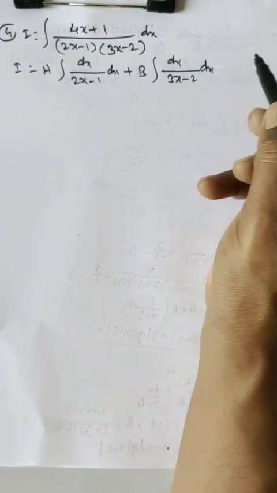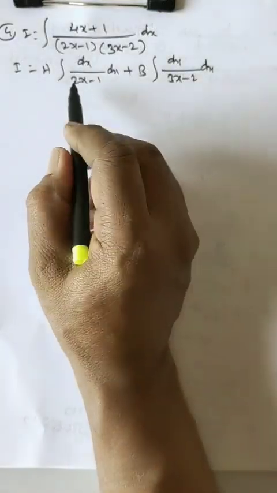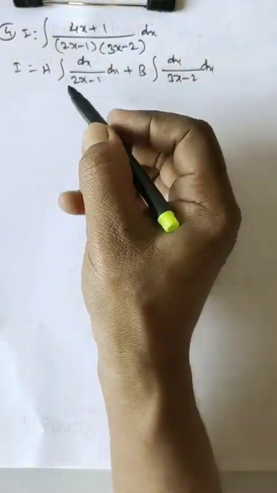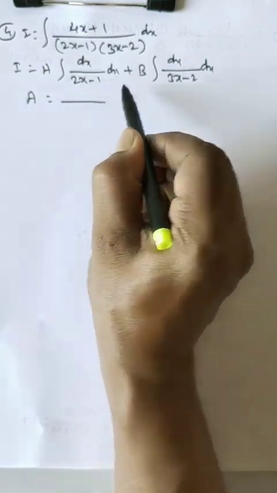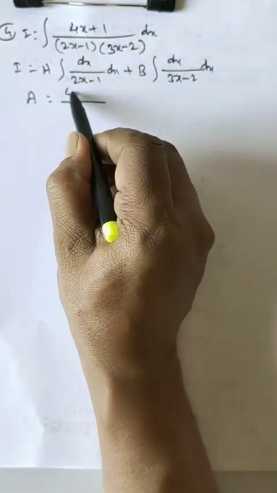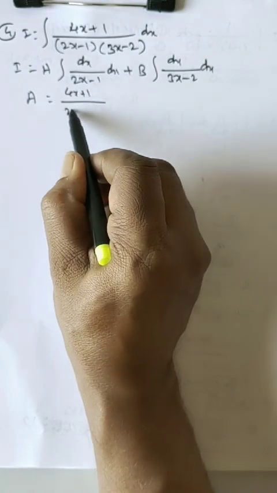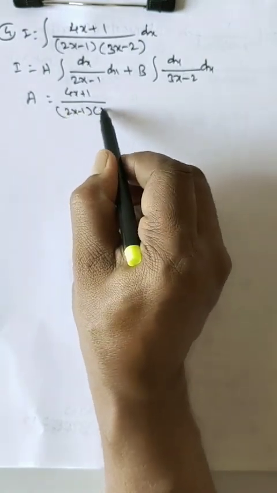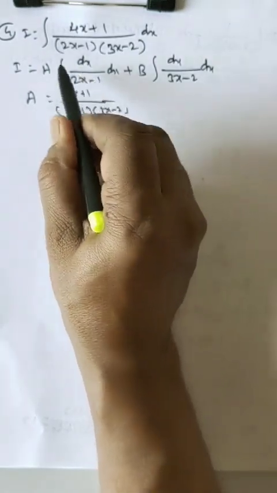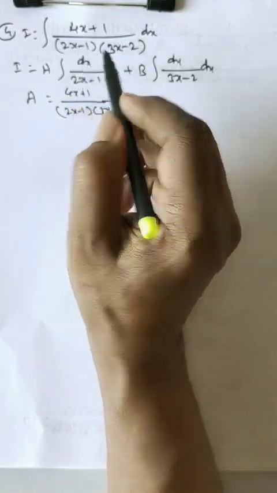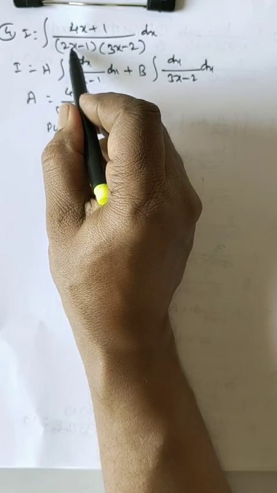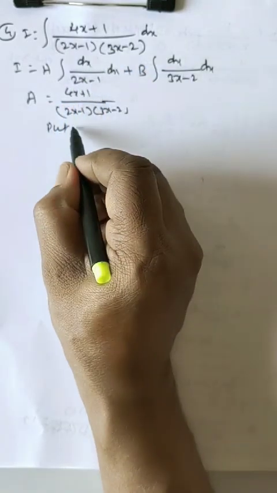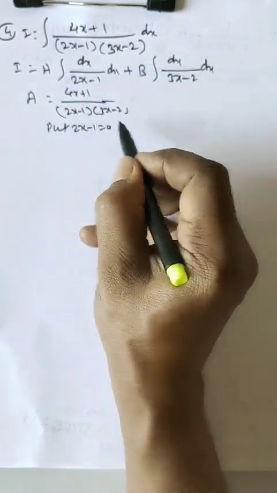Now we have to find a and b. A equal to, first we take 4x plus 1 upon 2x minus 1 into 3x minus 2. Now to find a, put 2x minus 1 equal to 0.